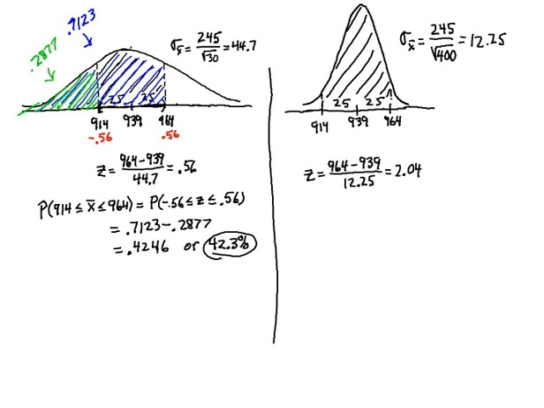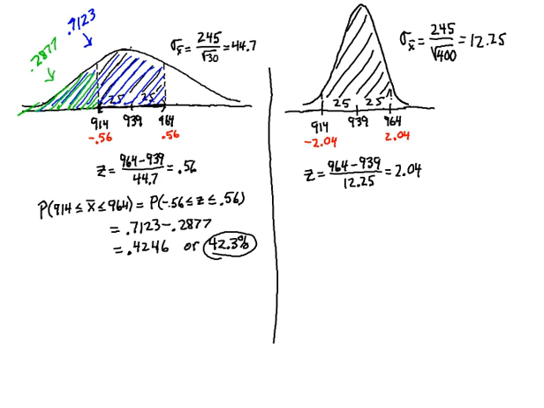And by symmetry, we have a 2.04 z-score for the 964 and a negative 2.04 z-score for the 914. So these are the values that I will need to look up in the table as before, to calculate my shaded area there, which is the probability of being in the interval from 914 to 964.